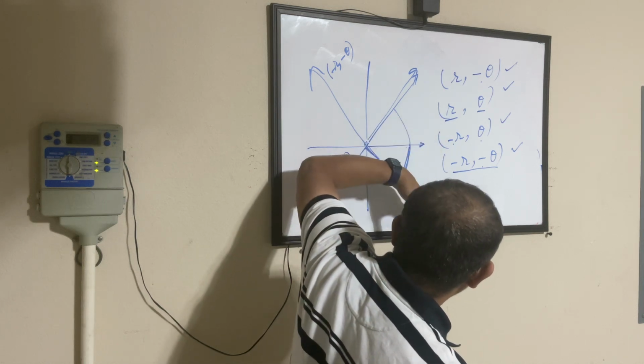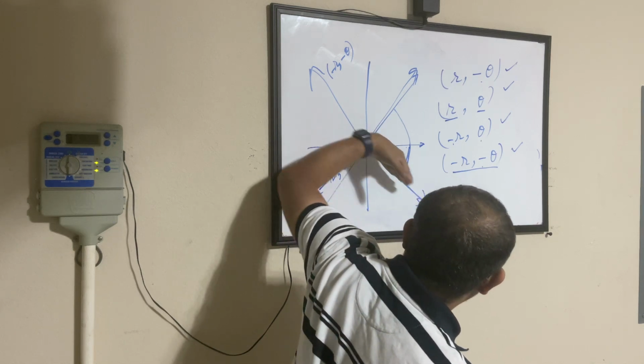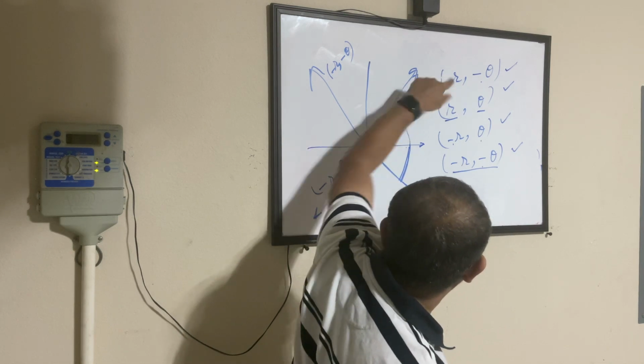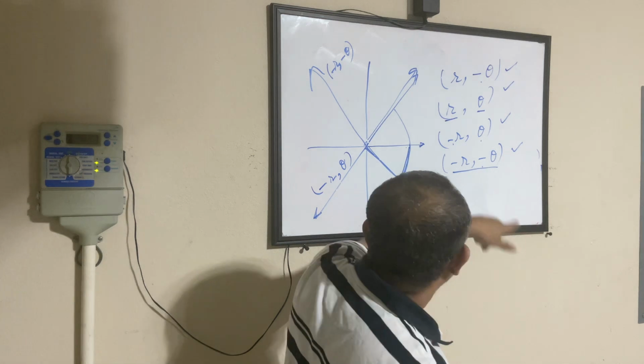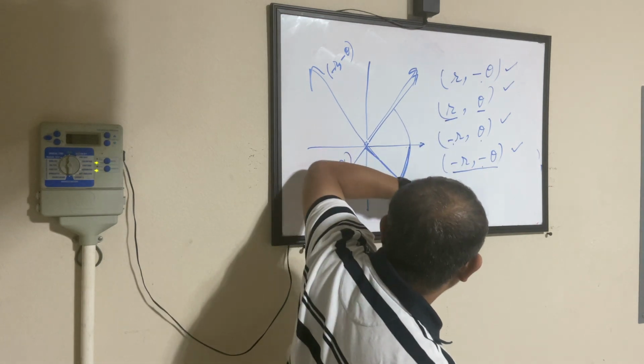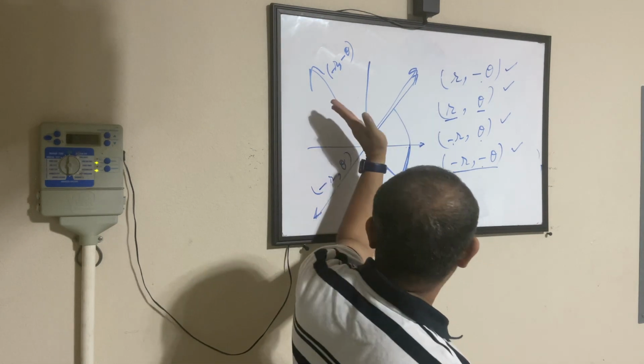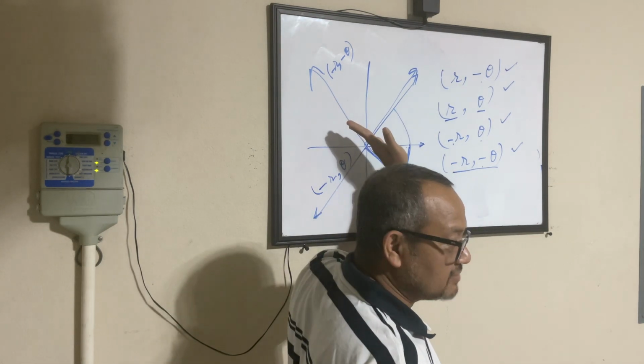Ideally I would go this way. If it is positive, I continue this way. As soon as it becomes negative, instead of going this way, I flip and land in the second quadrant.